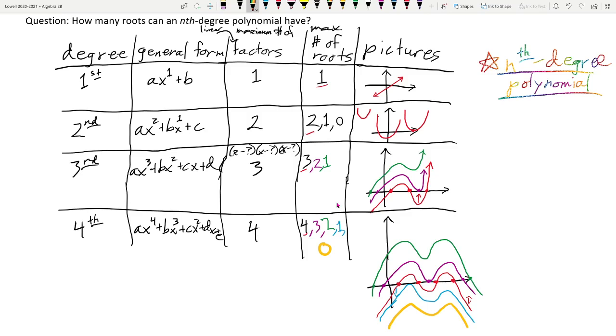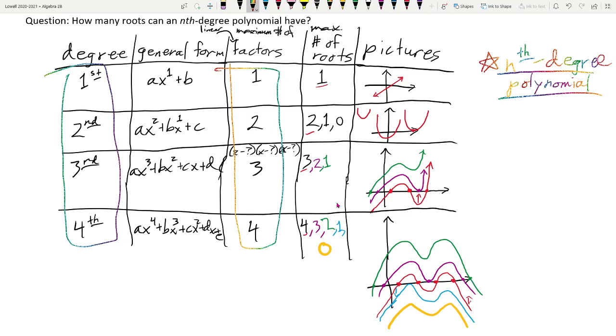We can see that right here. So an nth degree polynomial has at most n real roots.